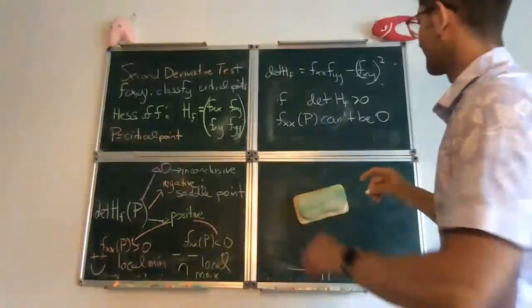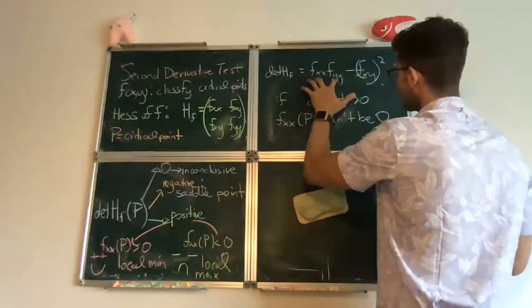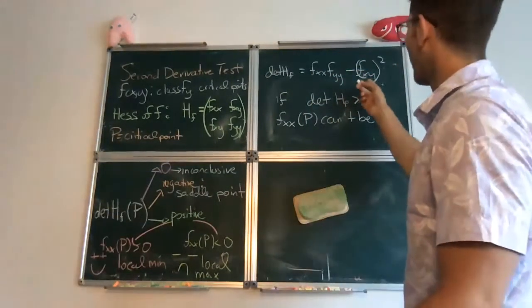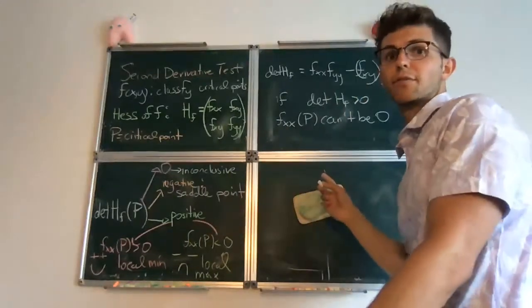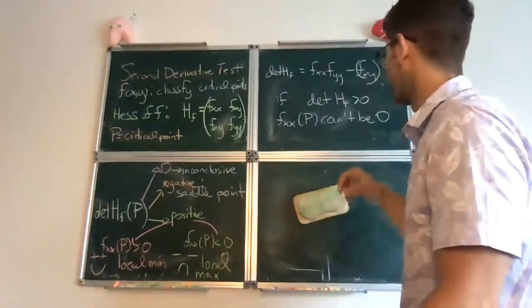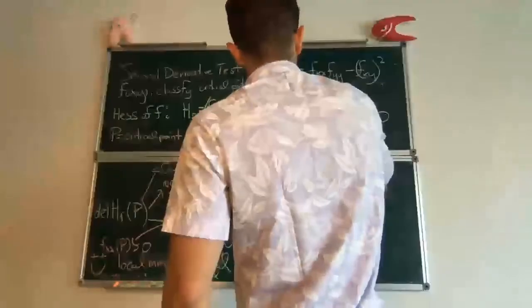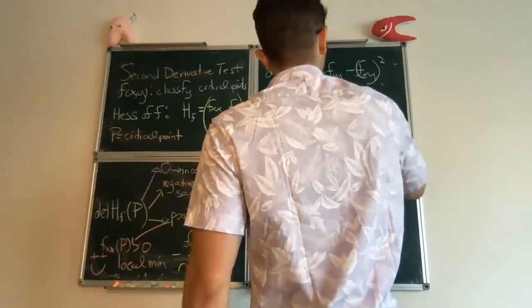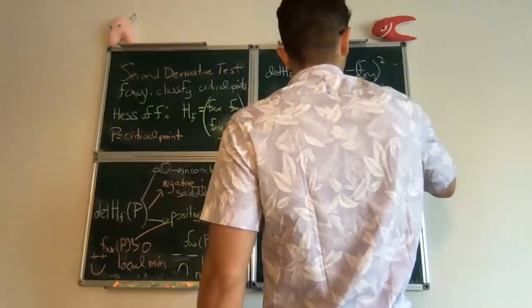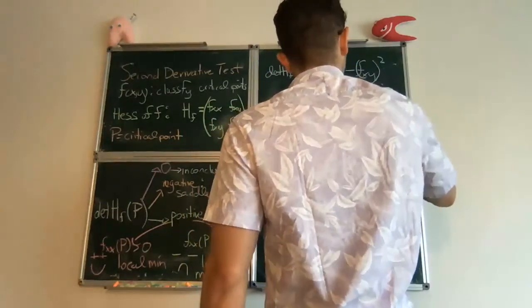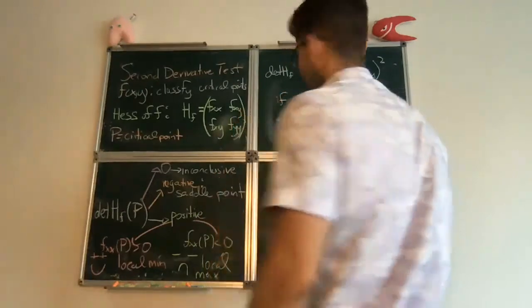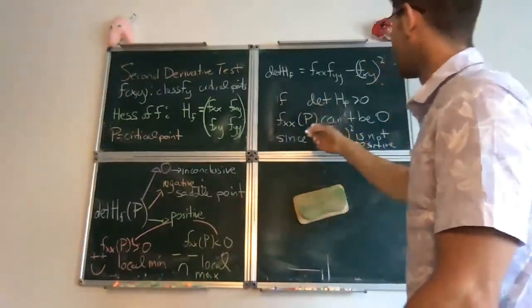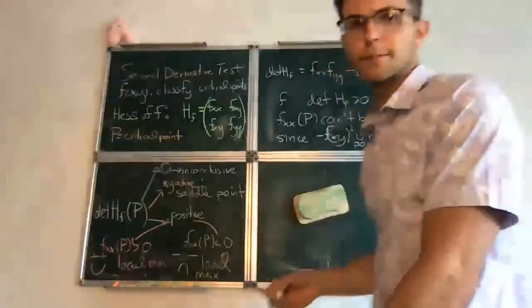Because if this is 0, then you get 0 minus this quantity squared, right? And this is always negative or 0, so it can never be positive. That's why we don't have to worry about this third possibility, so we don't have to add it here.